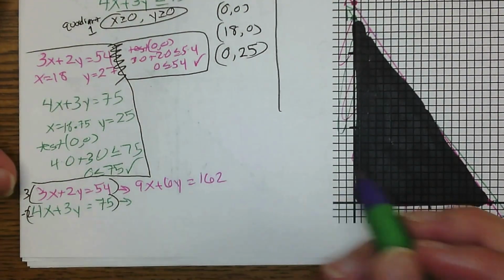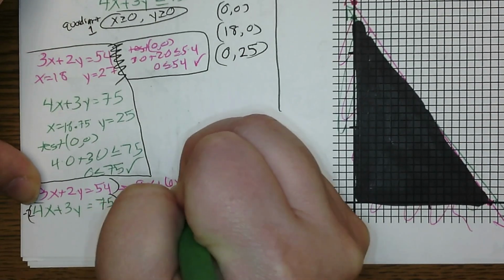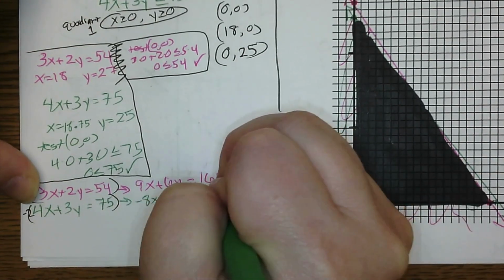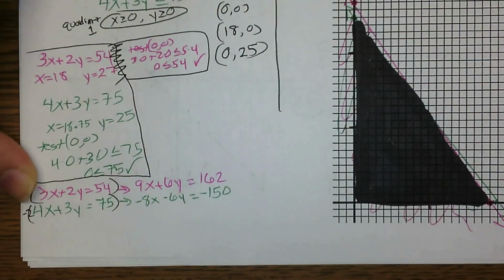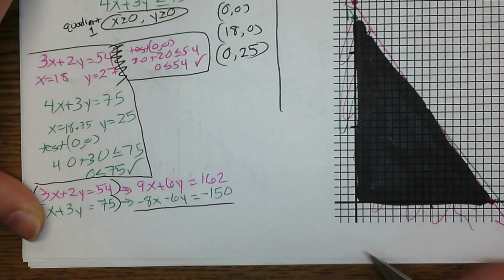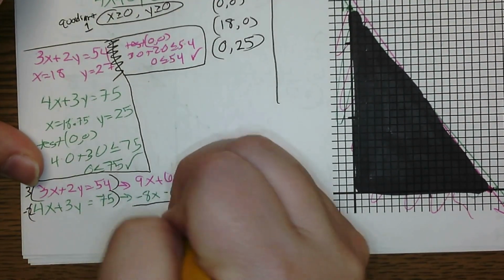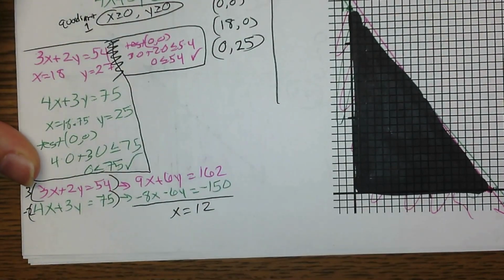And then for the green, you get -8x minus 6y equals -150. When we add those down, the y's cancel. The x's, conveniently 9 and -8, we just get x equals 12.